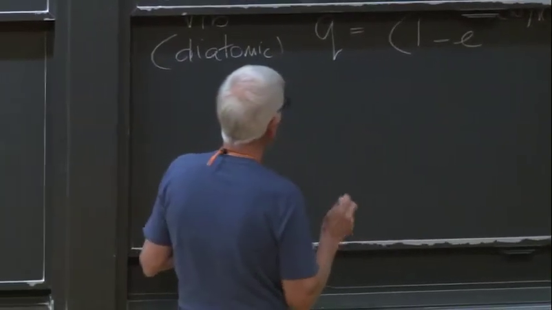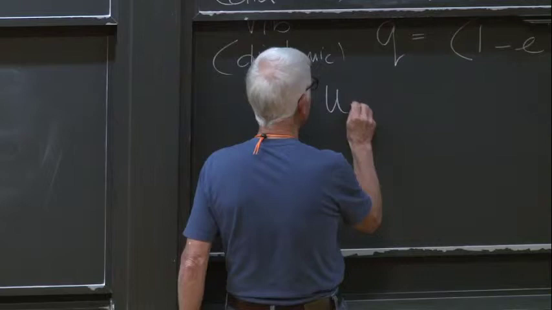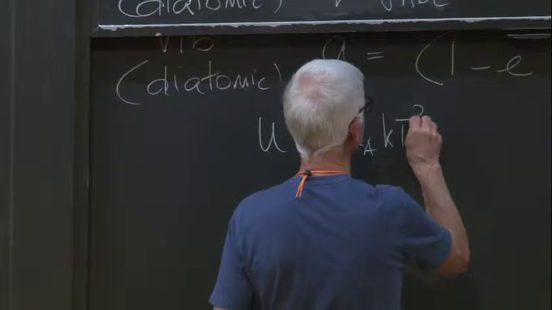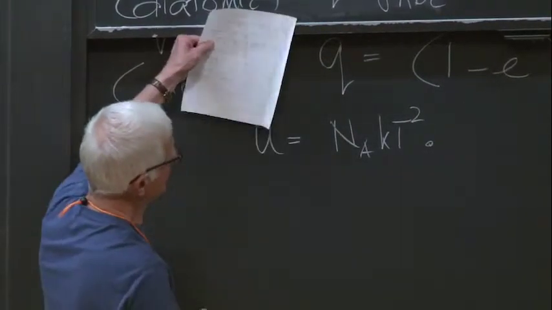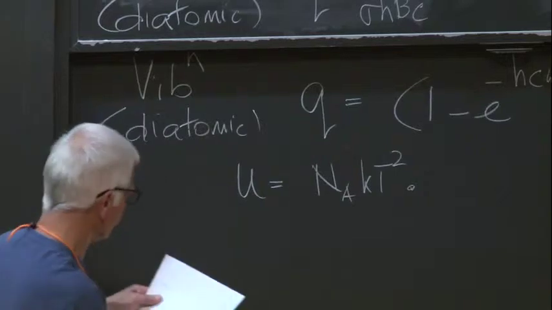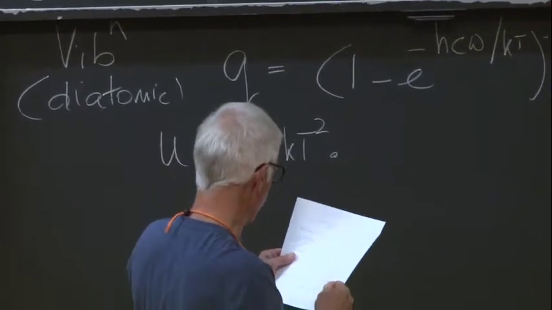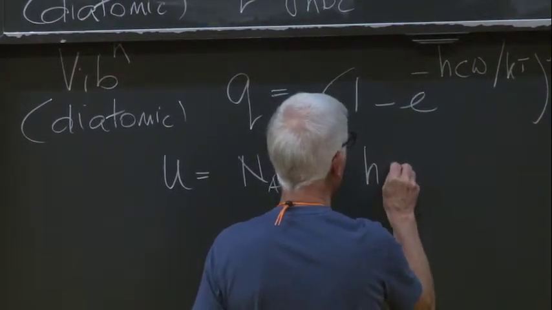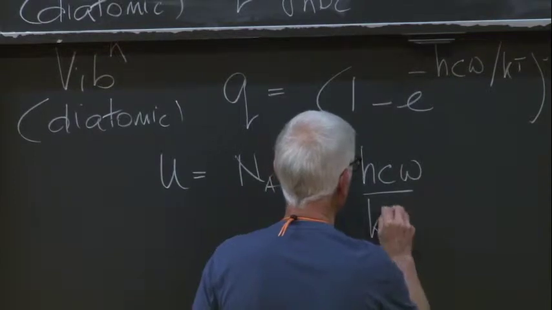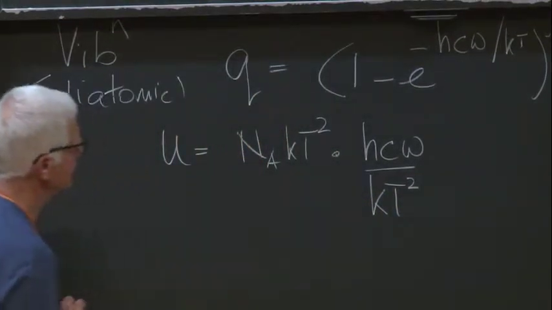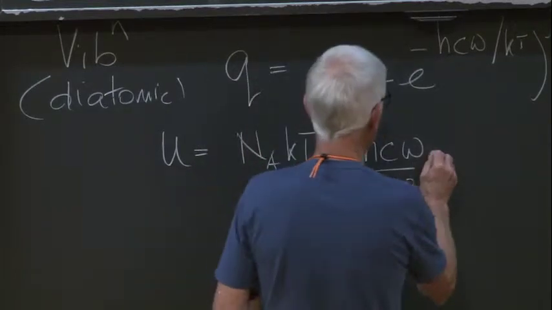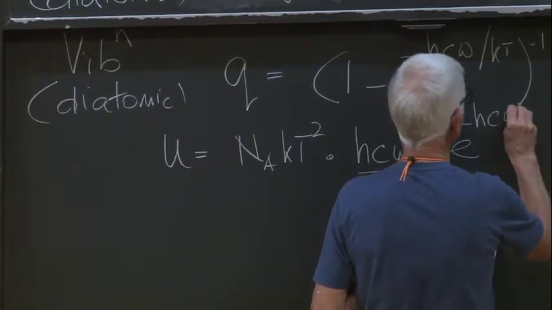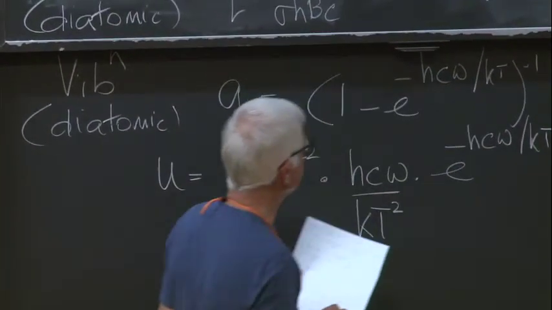Let's say that the energy is going to be equal to N_A times kT squared. Then we've got to differentiate this thing here. And we are going to get, first of all, taking the term inside this exponential, hc omega over kT squared. And we're going to be multiplying that by e to the minus hc omega over kT.